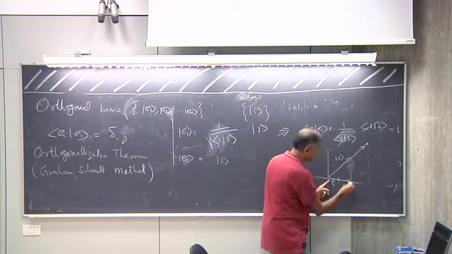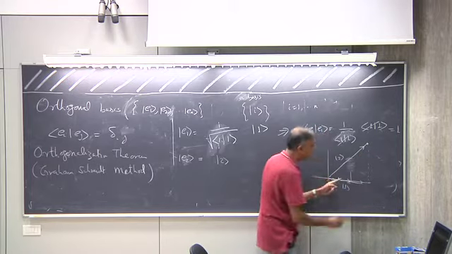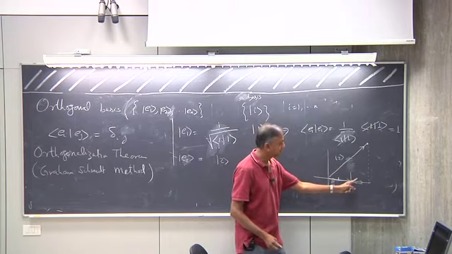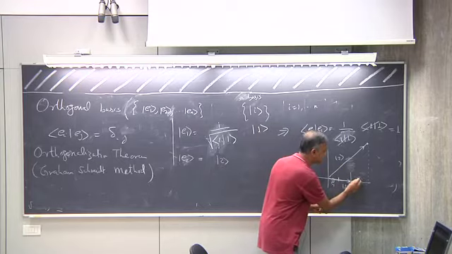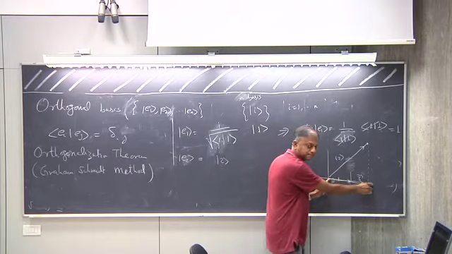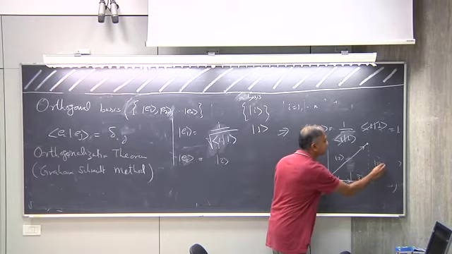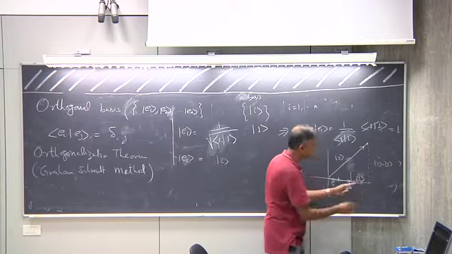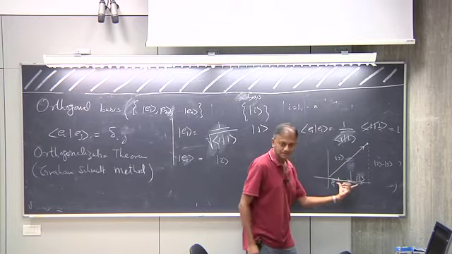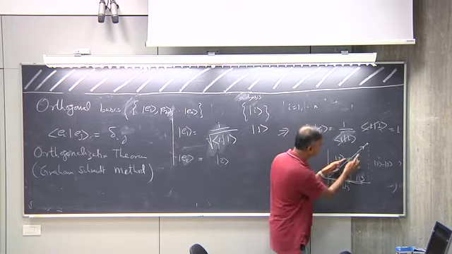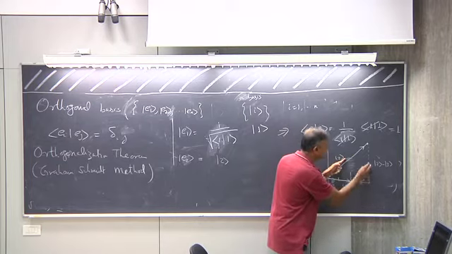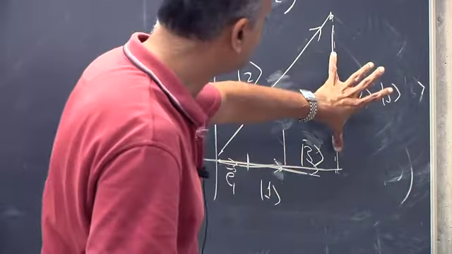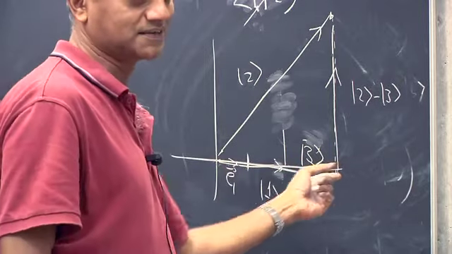Then whatever this vector is, you subtract it from the second vector. Let me call this vector number 3, from here to here. So take 2 minus 3. 2 minus 3 will be this vector minus that vector, which will be that vector. Now 2 minus 3 is clearly orthogonal to the x-axis.